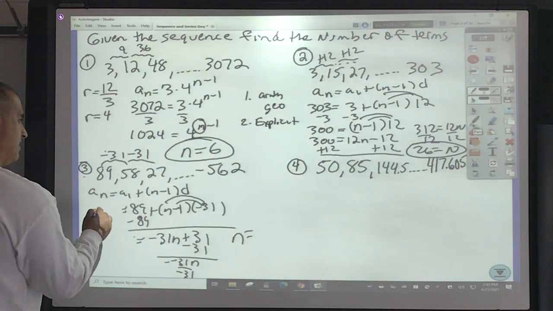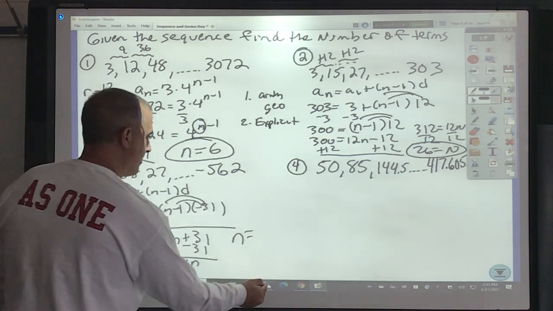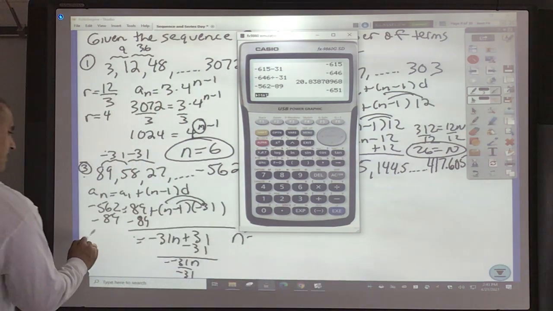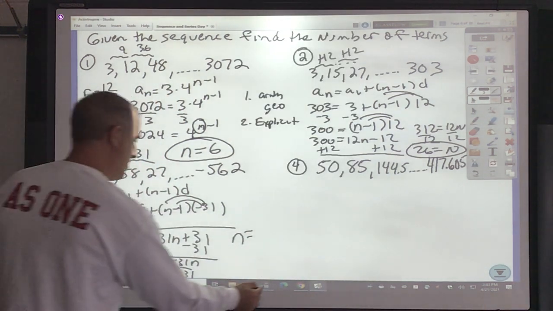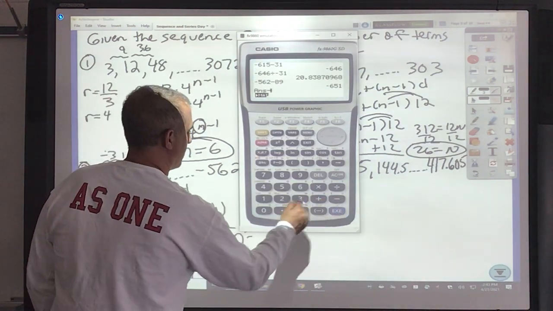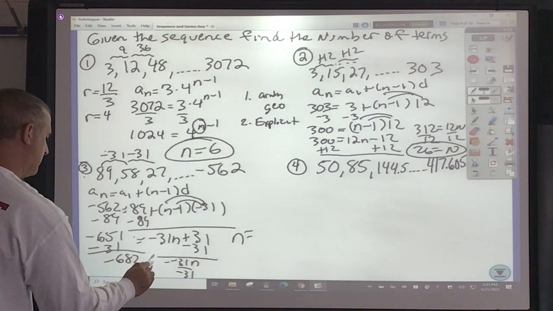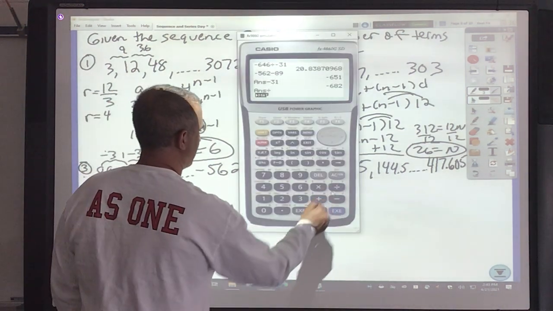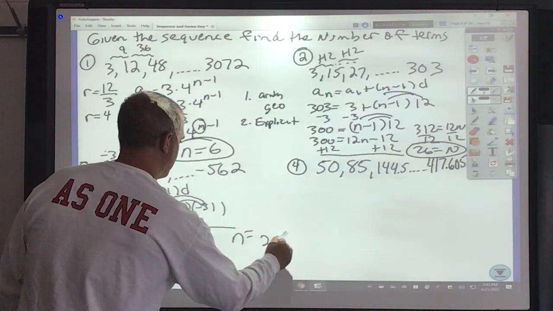So that's going to be negative 562 minus 89. Negative 562 minus 89 is negative 651. Then subtract 31 from that. That's negative 682. Let's hope that works now. Divide that by negative 31. And there we go. We got n equals 22.